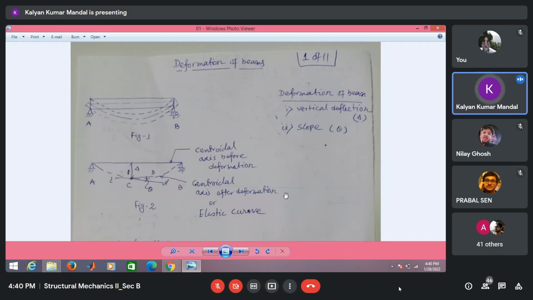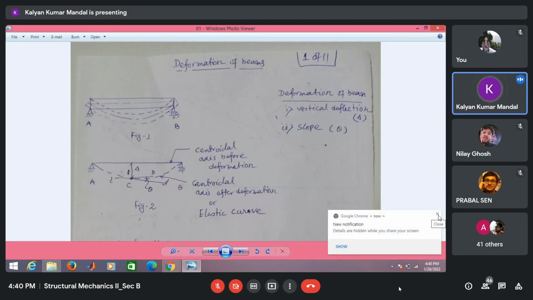For direct loading, the stress that develops is called primary stress. If apart from this direct loading the structure deflects, and the deflection crosses a certain limit, then due to this excessive deformation additional stress will develop within the structure.